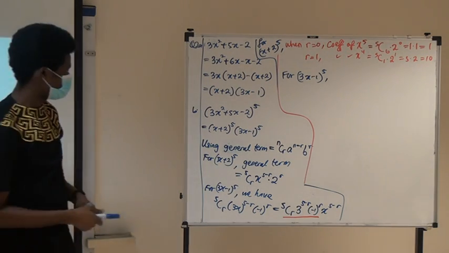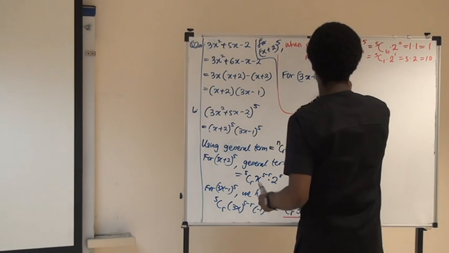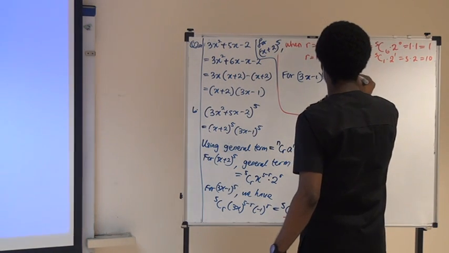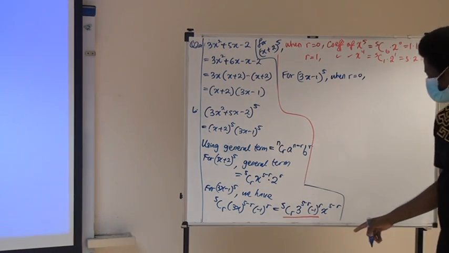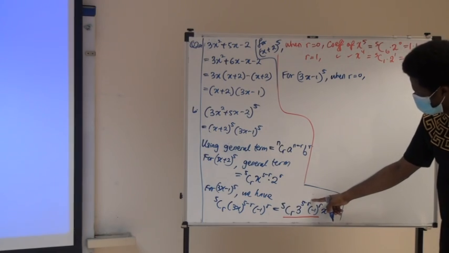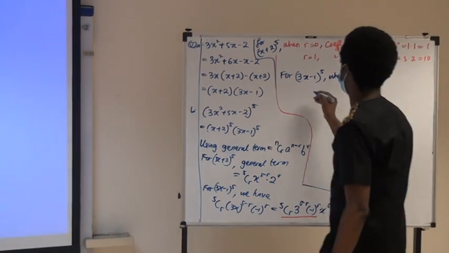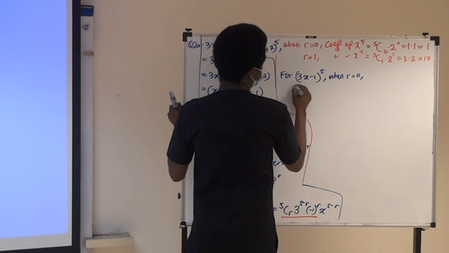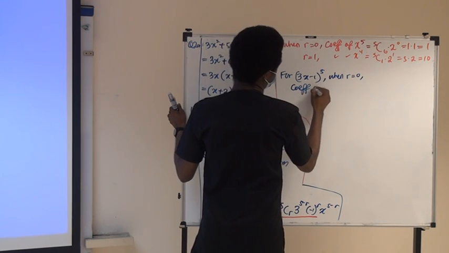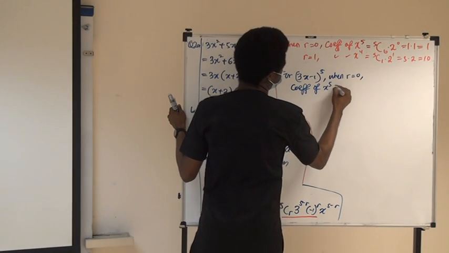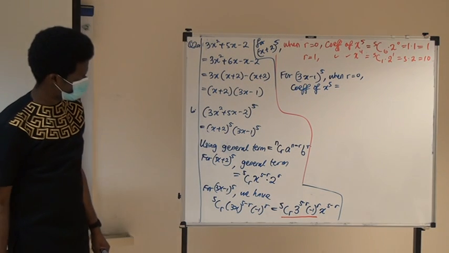Alright, so for this, when r is equal to 0, you'll be dealing with x to power 5 term. When r is equal to 0, coefficient of x to power 5 will be what?